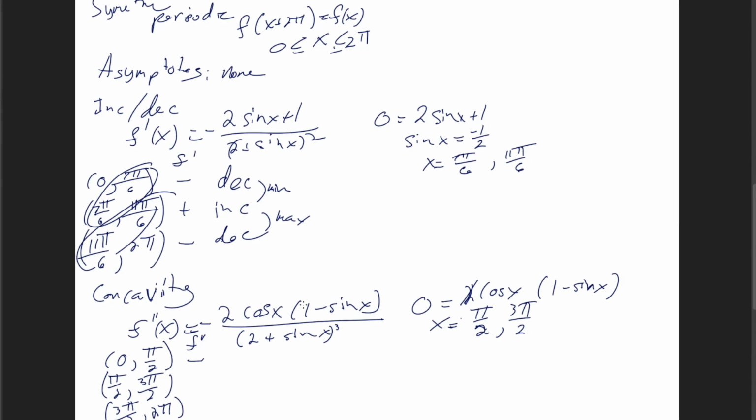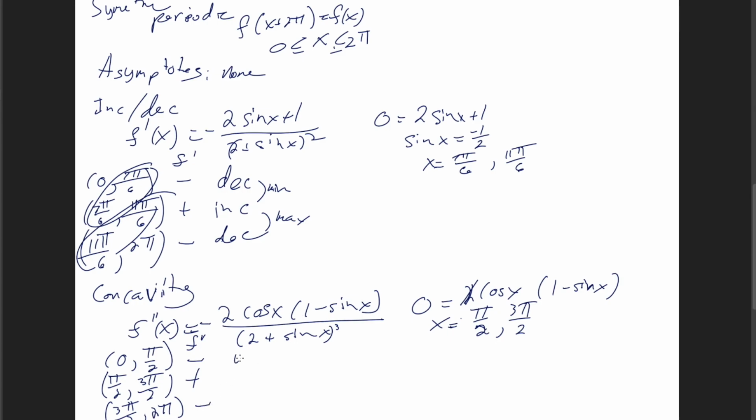From here, if I plug in values from pi over 2 to pi, this will be cosine. Here it turns negative, so this is negative, and this will remain positive. So positive, negative, positive over positive is still positive. And then here, if I test this point, I'll find a negative.